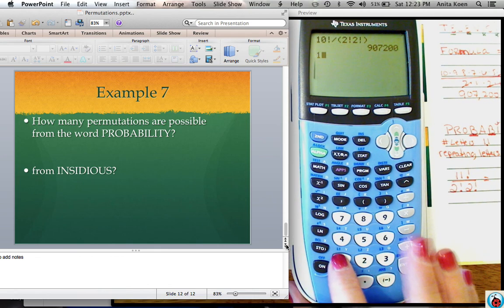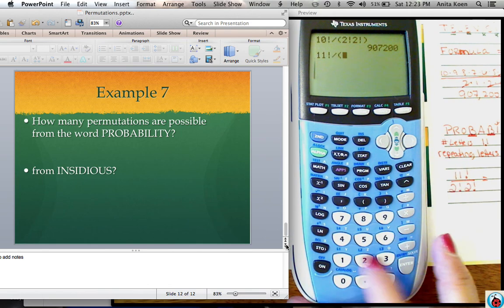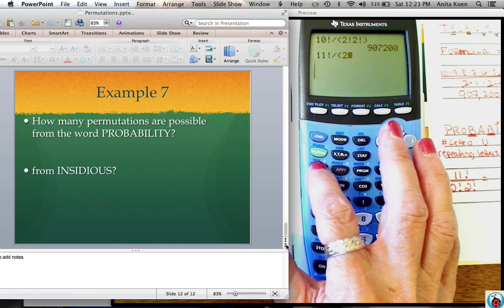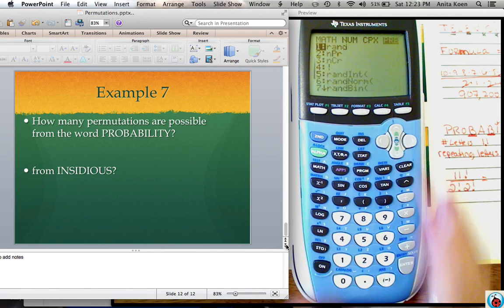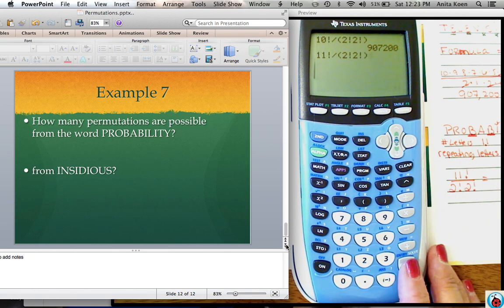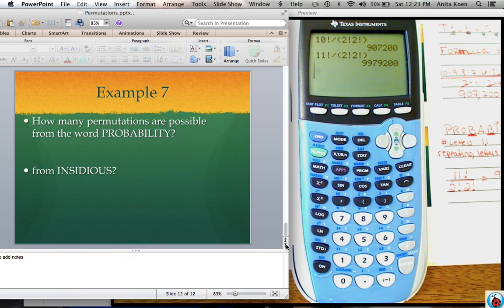Okay, so this time I'm going to do 11 factorial, math over to probability number 4, divided by parentheses 2 factorial, math over to probability number 4, times 2 factorial, math over to probability number 4, close my parentheses, and that is going to give me 9,979,200 ways to rearrange probability when repetition is allowed.